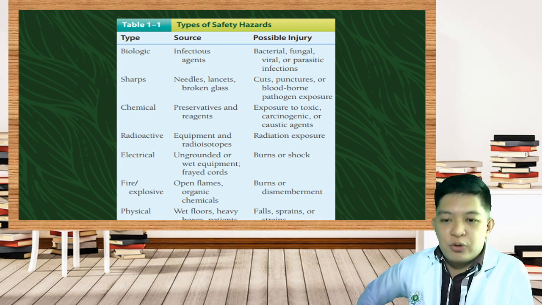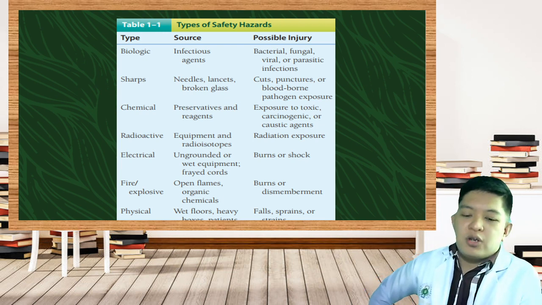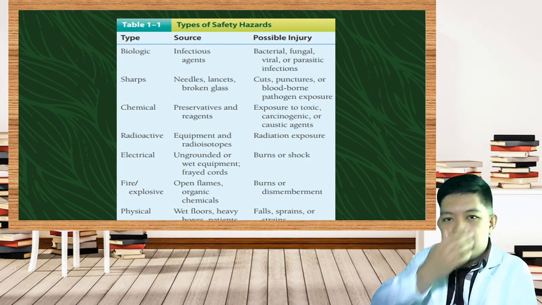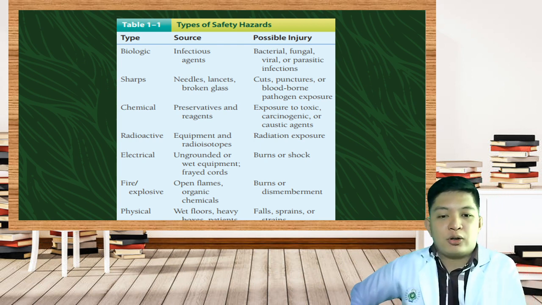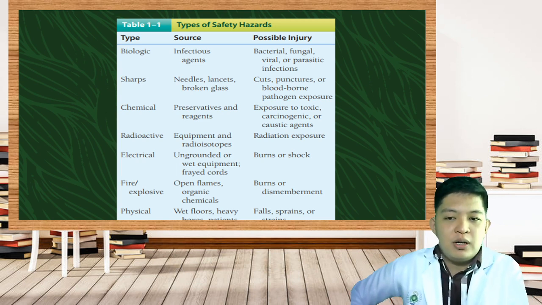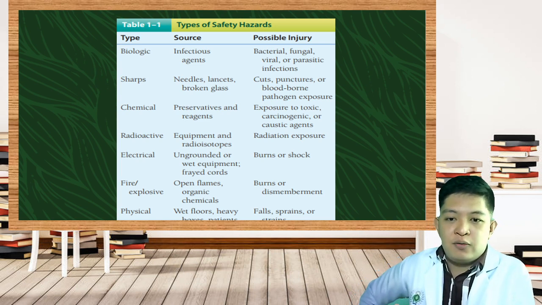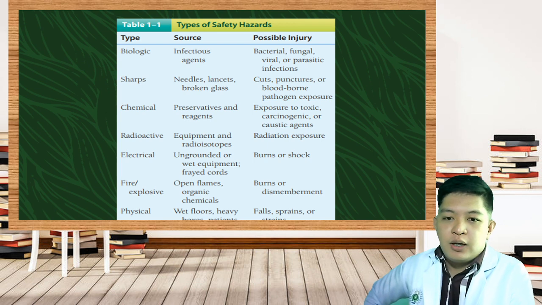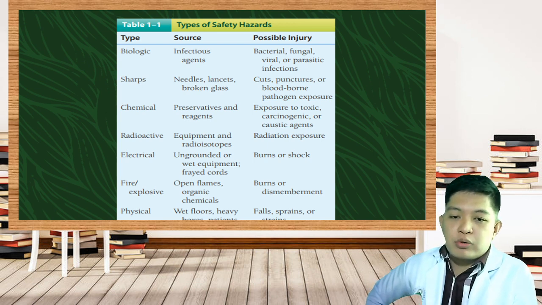So we have less exposure to chemicals now. Usually, you will only use chemicals in clinical microscopy when you perform a confirmatory test for proteins, such as the sulfosalicylic acid (SSA) test for the determination of Bence-Jones protein.